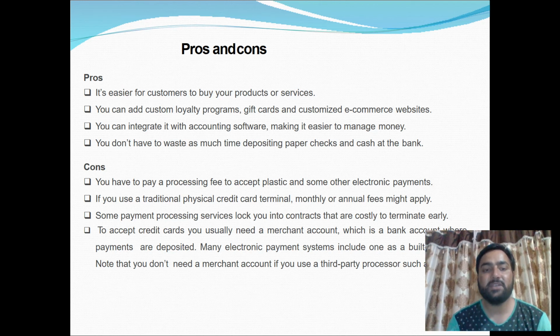And to accept credit cards, you usually need a merchant account, which is a bank account where payments are deposited. Many electronic payment systems include one as built-in functionality. Note that you don't need a merchant account if you are using a third-party processor such as PayPal or other third-party processing modules.